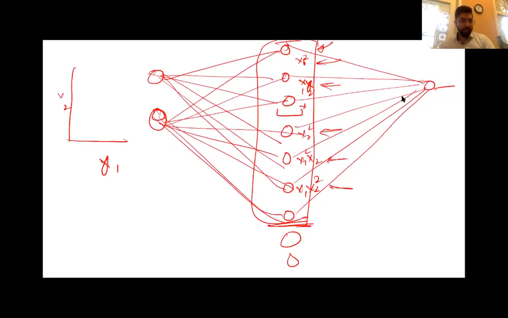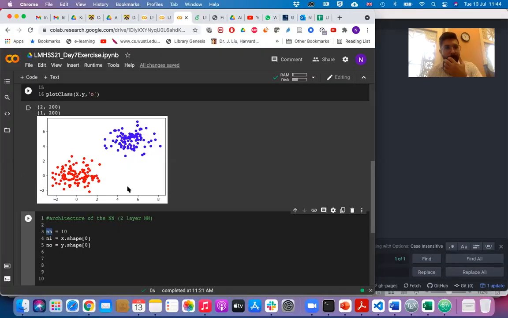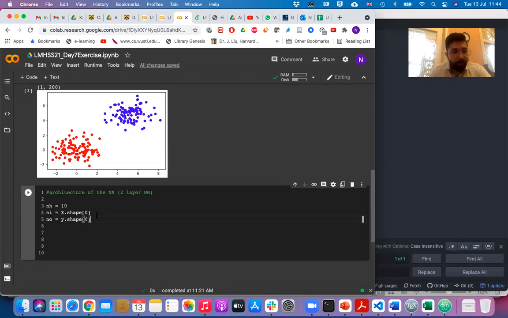Okay, so it seems like things are a bit clearer now. So let's go to the code. Again, we have defined the number of input units, output units, and hidden units. Next, we initialize our weights.